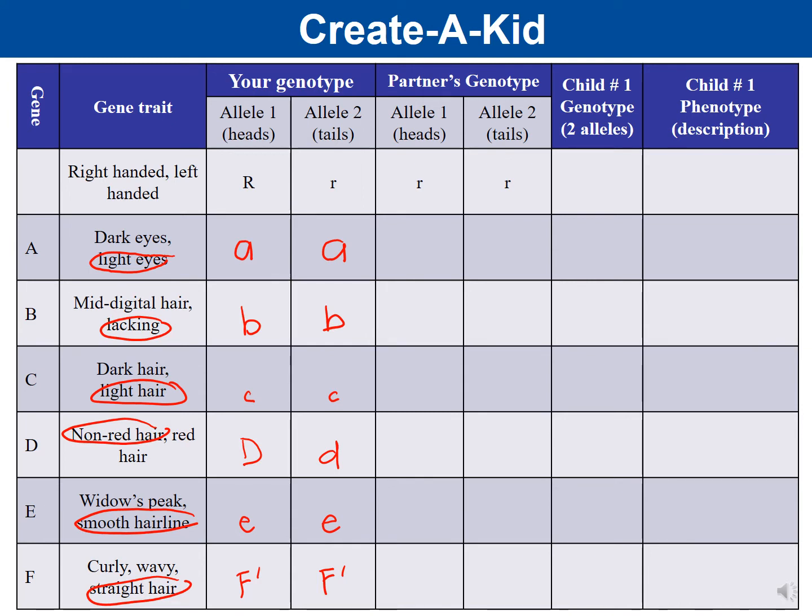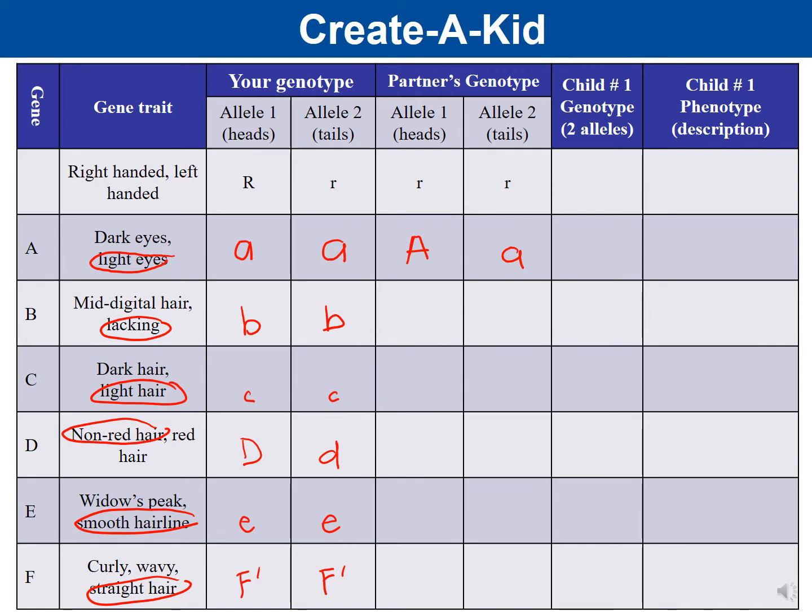Now, obviously, if you're using a picture, some of those traits you're not going to be able to look at, like mid-digital hair lacking. The chances of you finding a picture where you can see that are probably not so good. So for some of this, you might have to make up what your partner's genotype would be. But let's say my partner, for example, had dark hair. I would put big A, little a, because whenever they're dominant, assume heterozygous.